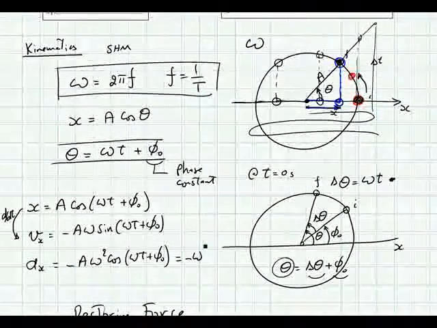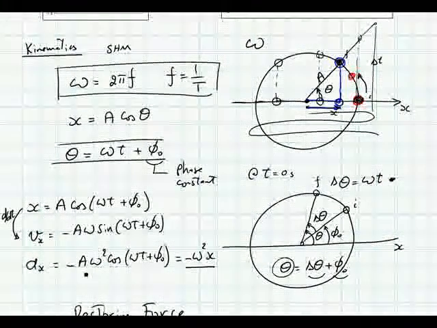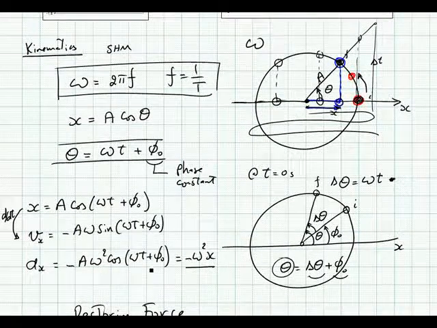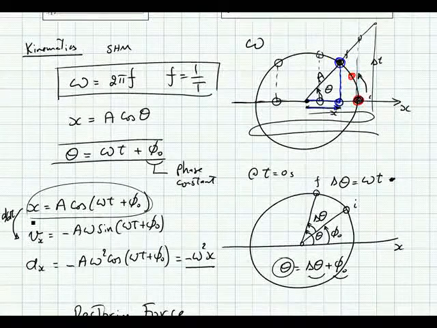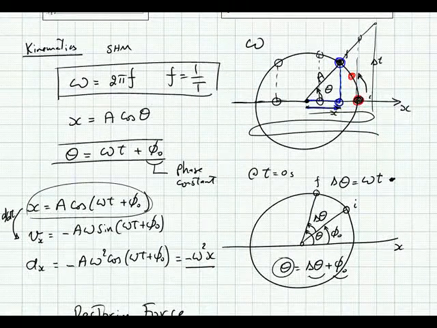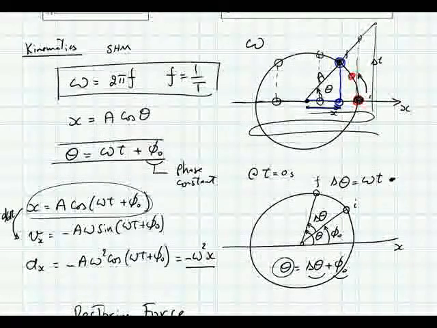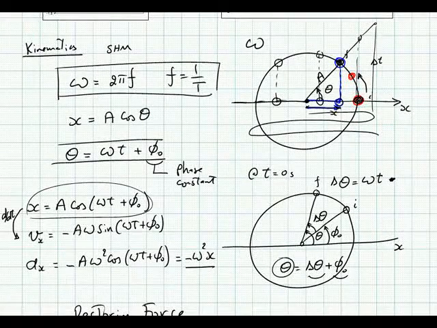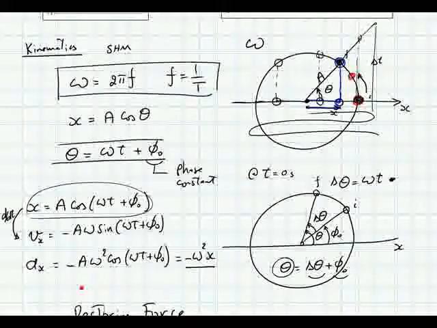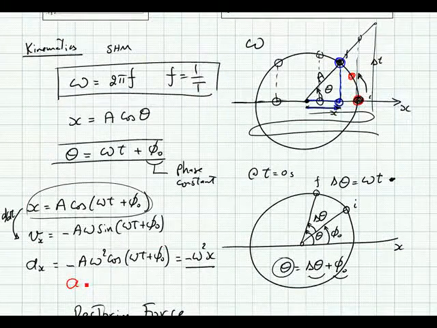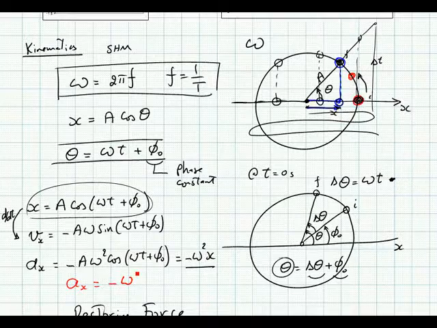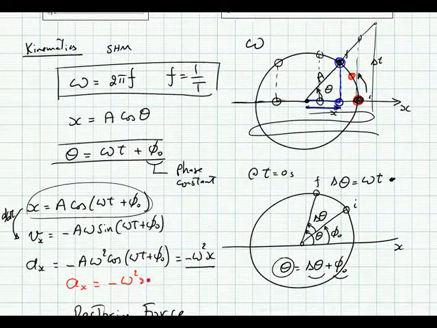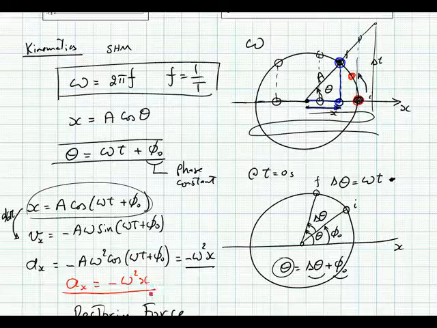which is equal to minus omega squared x, because a cosine of omega t plus phi naught is equal to x. So the characteristic equation describing simple harmonic oscillation using the kinematic technique is that a_x, the acceleration of the object, is given by a constant, omega squared, negative of a constant times the position.